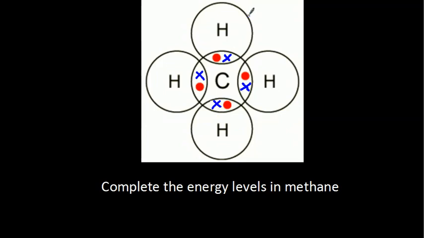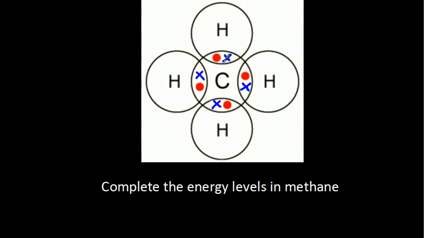These 4 hydrogen atoms each donate 1 electron, in this case this blue cross. So we've got 1, 2, 3 and 4. And when we look at this, carbon has 2, 4, 6, 8 electrons in its outer shell, and hydrogen has 2 electrons in its outer shell. So carbon has completed its octet, and hydrogen has completed its outer shell, except because it's so small it can only have 2.